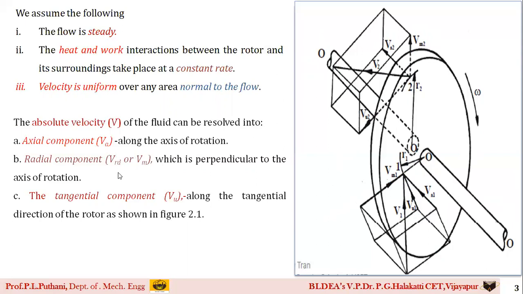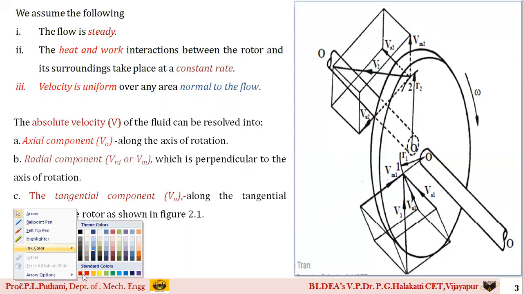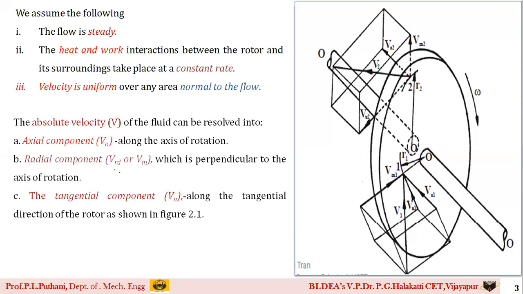Similarly, a radial component, we take it as VM, or even VF, the flow velocity. For our discussion from now onwards, I am going to consider the radial velocity as VF, my flow velocity.